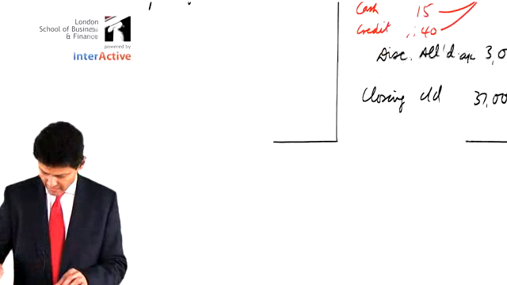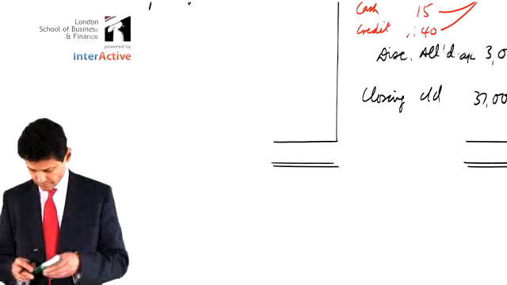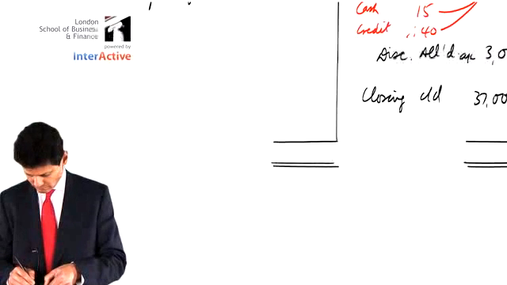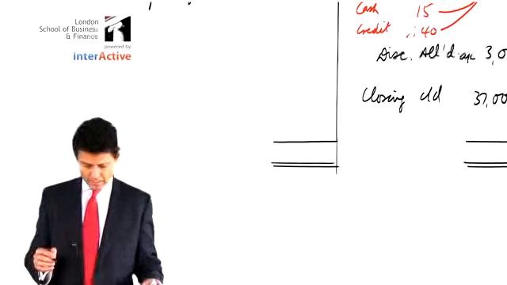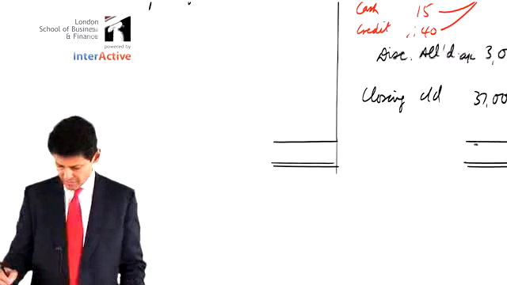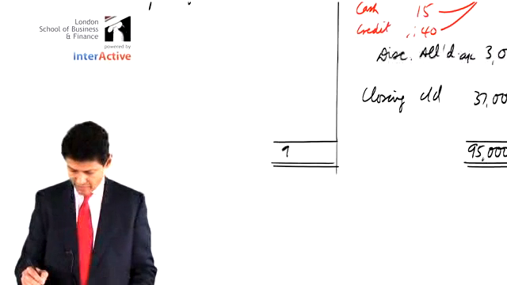We should be okay. So the credit side appears to be about 95,000. This is 95,000.